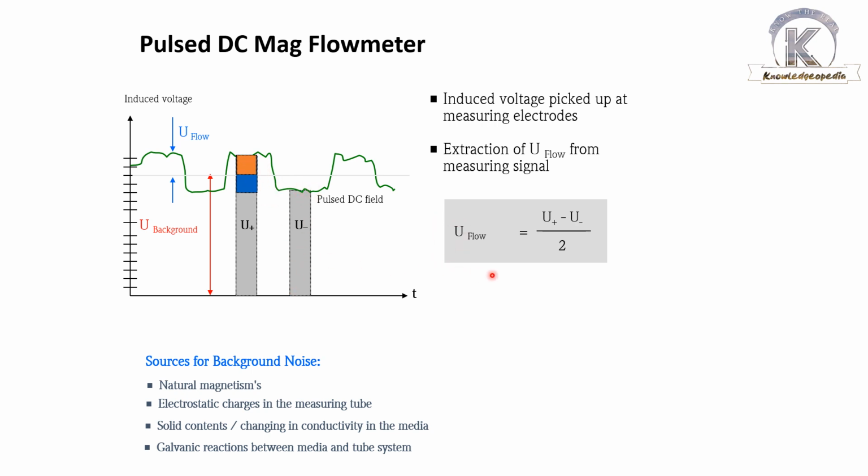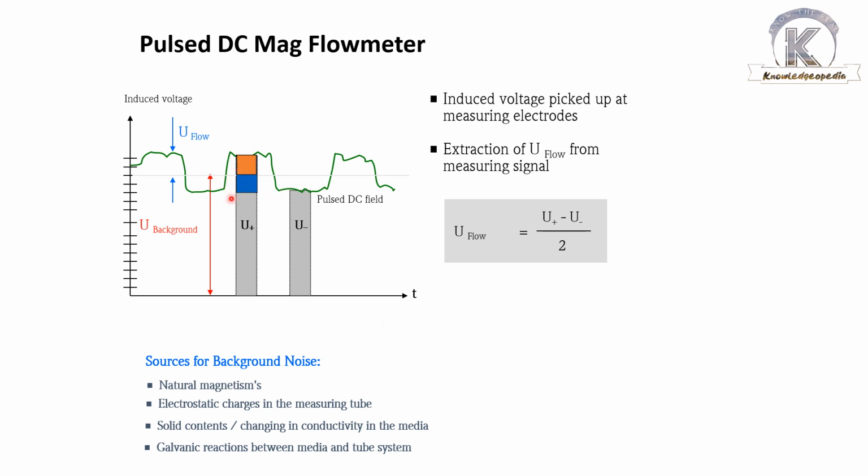So we need to evaluate that particular U flow, that means the flow value, by taking the maximum and the minimum signal divided by 2. The graph shows the concept of signal generation and the calculation of the flow velocity. Because of the alternating polarity of the magnetic field, the induced voltage changes polarity as well.